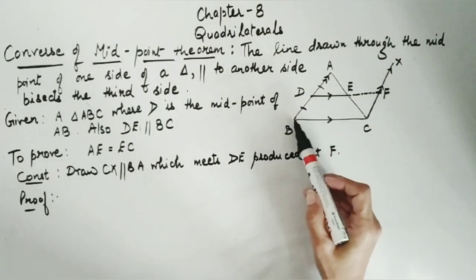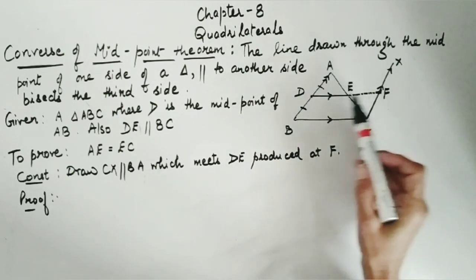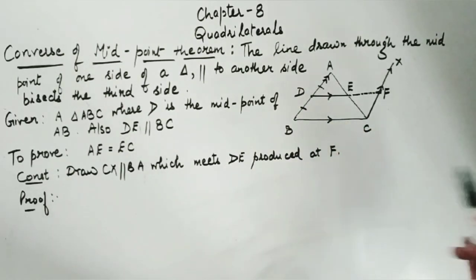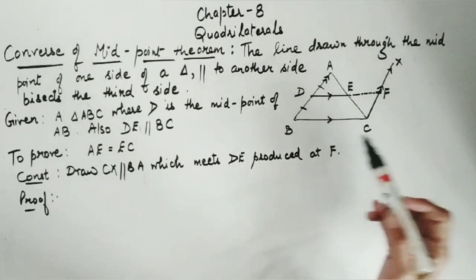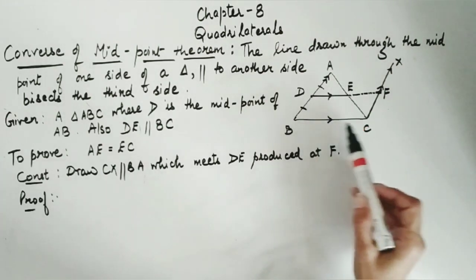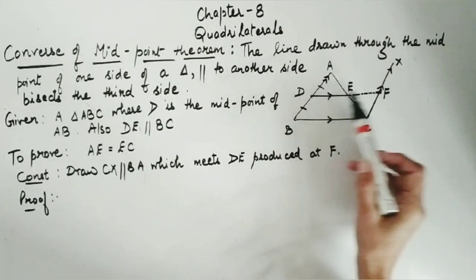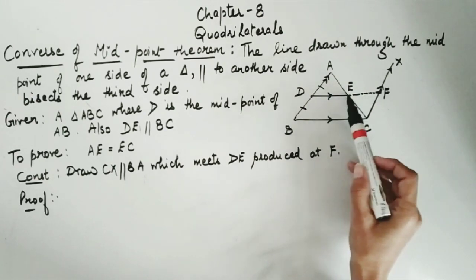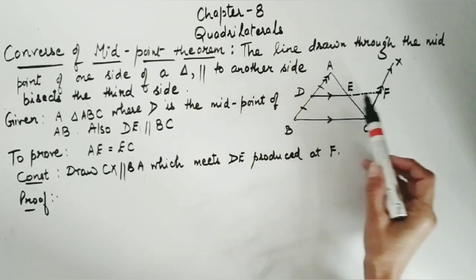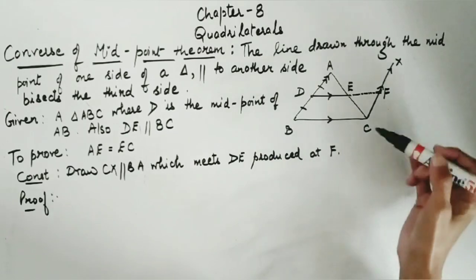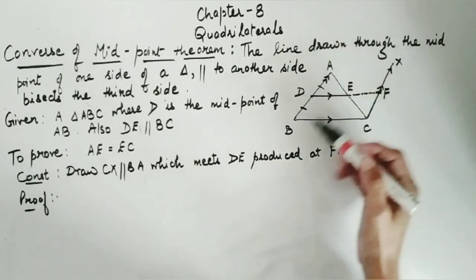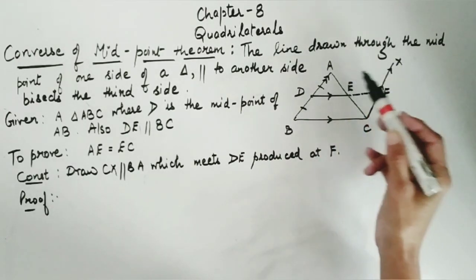This quadrilateral BCFD has become a parallelogram. How? DE is parallel to BC, so would be DF, because this information was given to us. That means DF is parallel to BC, and CX was drawn parallel to BA by construction.